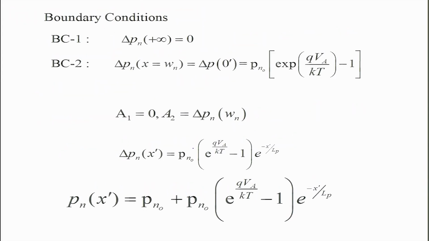So from this we got a1 and a2, and then we can get delta Pn at x prime. It is just substitution now. If you substitute a1 and a2, you get this. So basically Pn of x prime is now equal to Pn naught plus Pn naught into exponential of qVA by kT minus 1 into exponential of minus x prime divided by Lp.